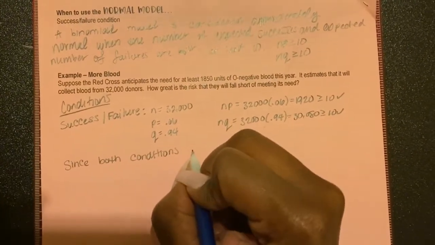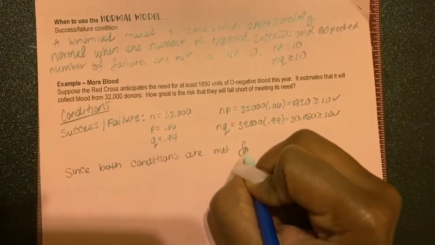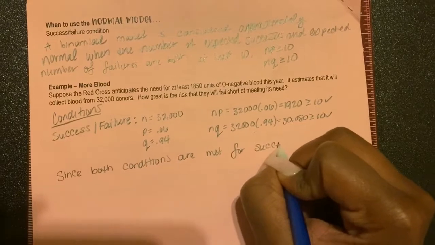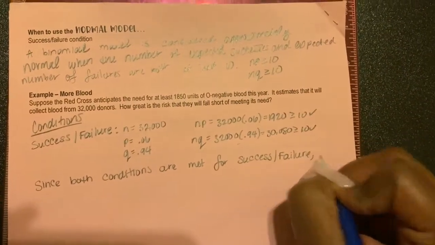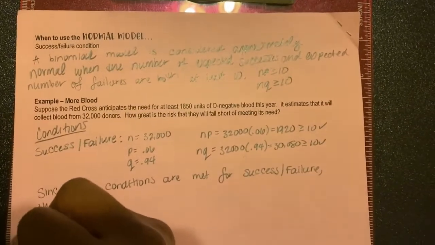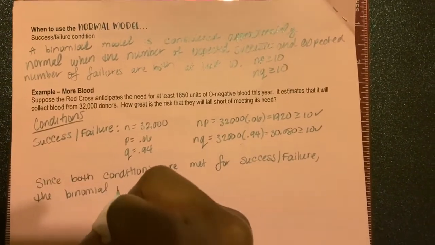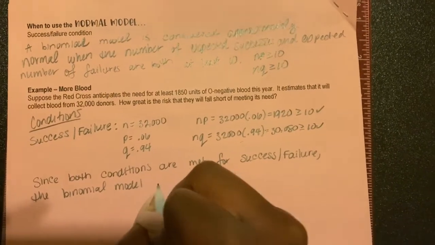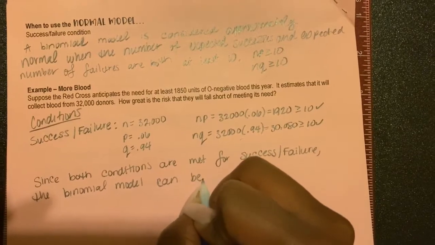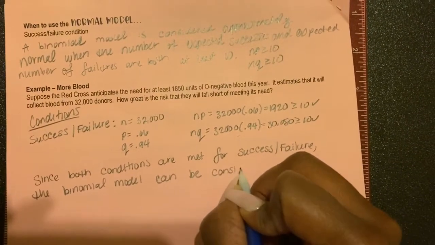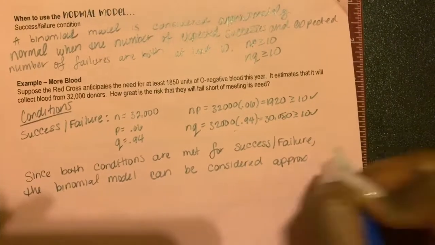So since both conditions are met for success failure, the binomial model can be considered approximately normal.